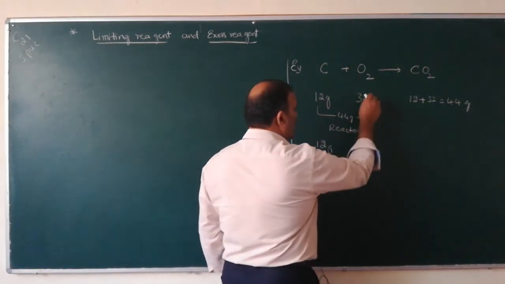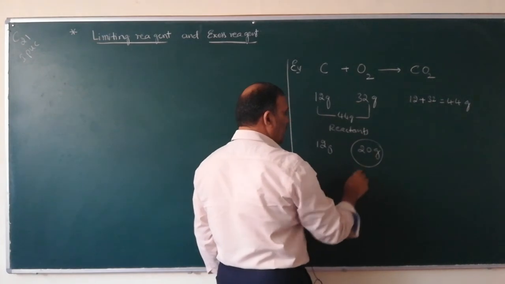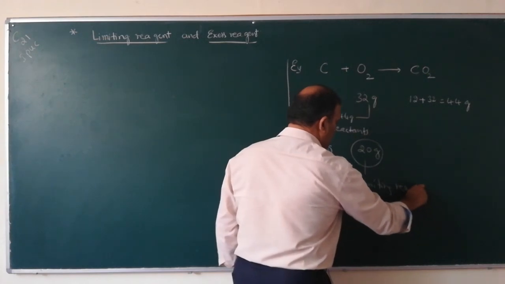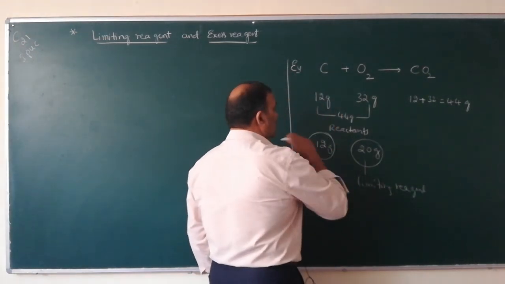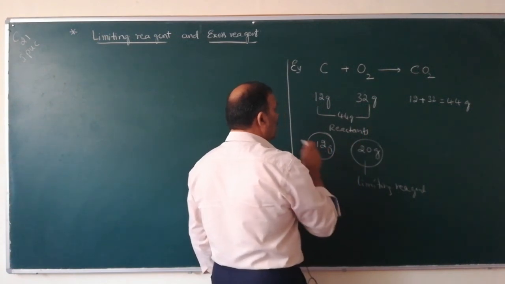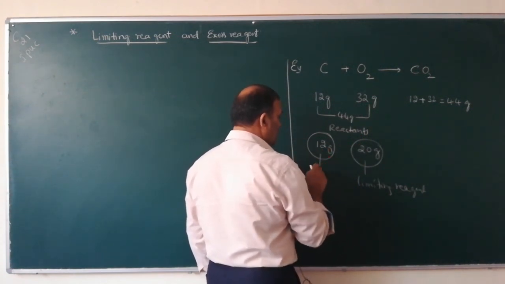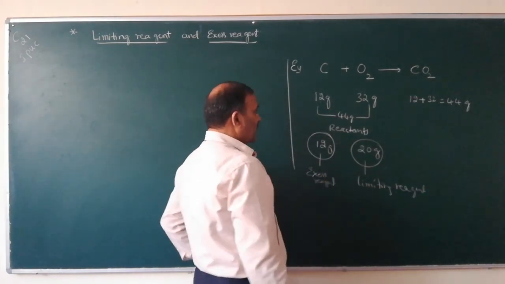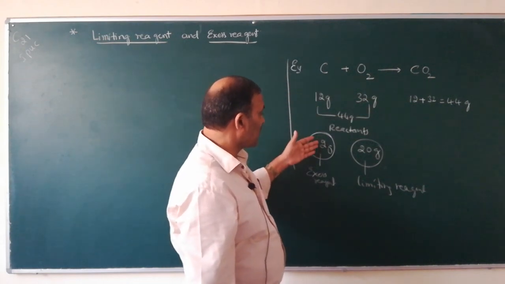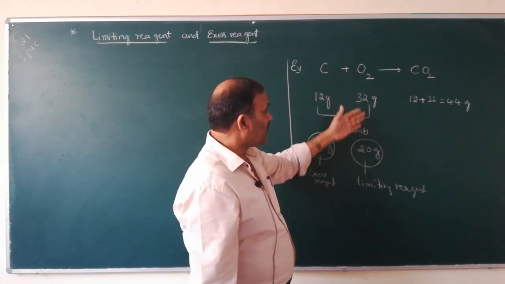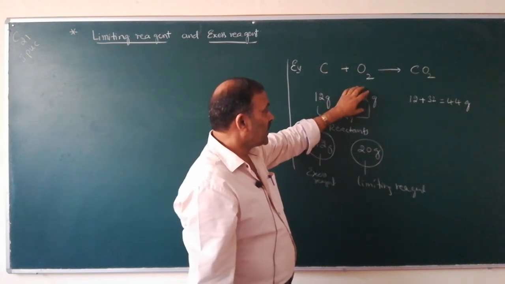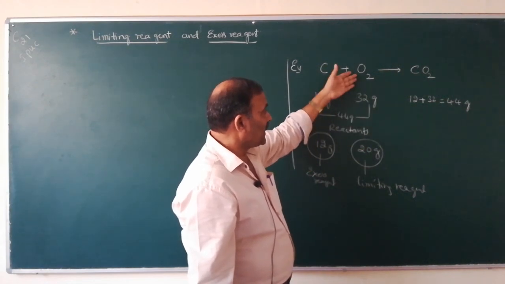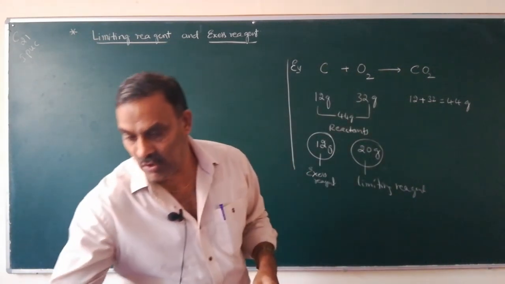Here, if oxygen is present in 20 gram, it is the limiting reagent, since compared to oxygen the amount of carbon present is high, so carbon is the excess reagent. For the complete reaction of 12 gram of carbon, the amount of oxygen required should be 32. If the amount of oxygen is less than 32, it is consumed completely. I will give you an example.